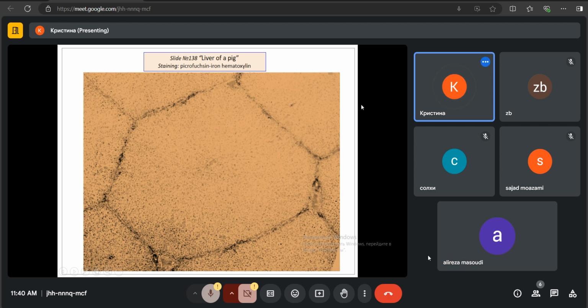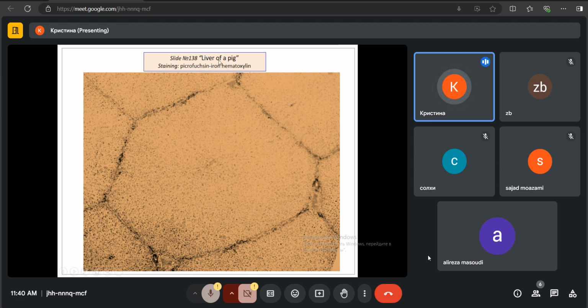This is how the liver of a pig looks in the staining called picrofuchsin iron hematoxylin. Picrofuchsin is a staining which stains mainly connective tissue in more intensely orange color. All other structures look like a yellowish background.